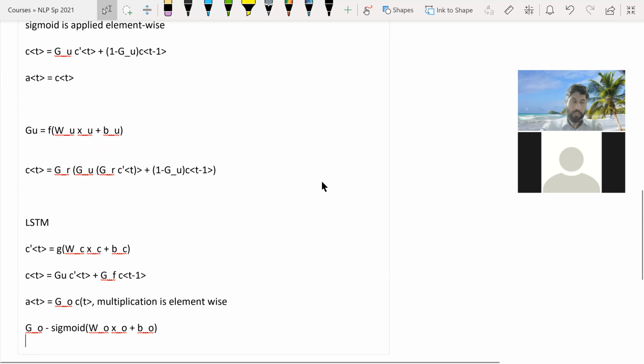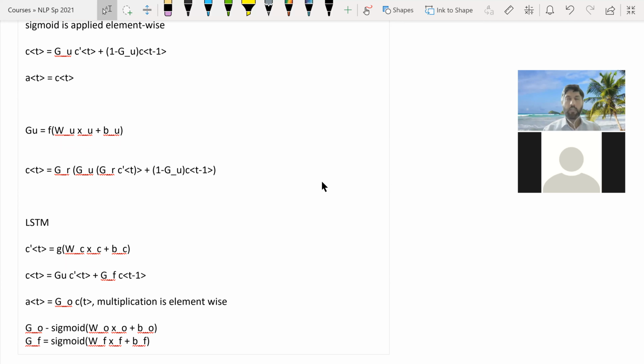So if you talk about G_F, this is again sigmoid of W_F [X_F] plus B_F. Okay. And G_U, of course, is the same as before.